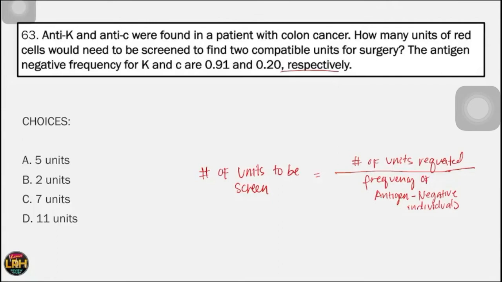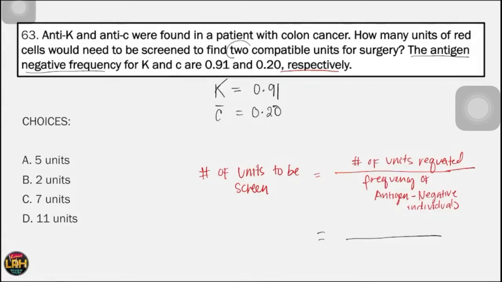In this question, the antigen negative frequency given for the K antigen is 0.91. For the C antigen, we have 0.20. So, we substitute in the formula.